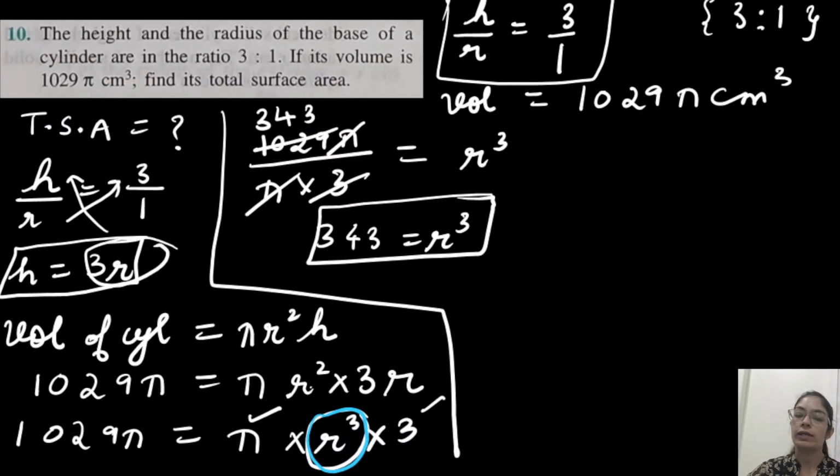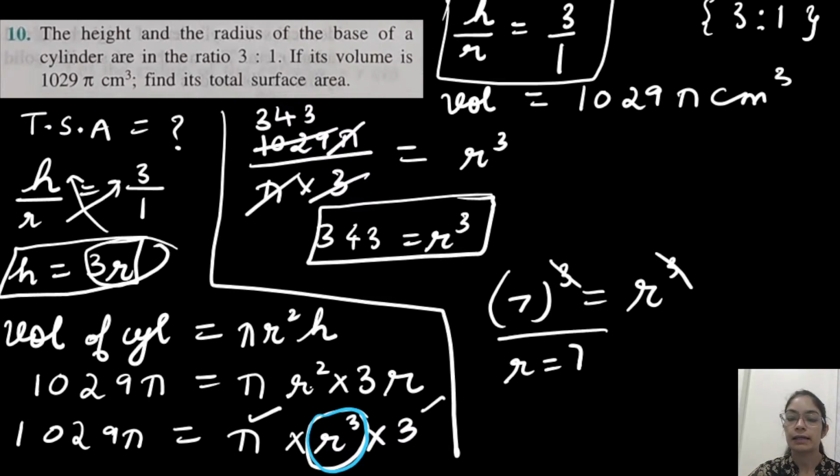We know 343 is a cube of 7. So we can write it as 7 cube, and on the other side r cube. The cube and cube you can cancel. So r is equal to 7. 343 is a cube of 7, and you should know the cubes of at least till 20.